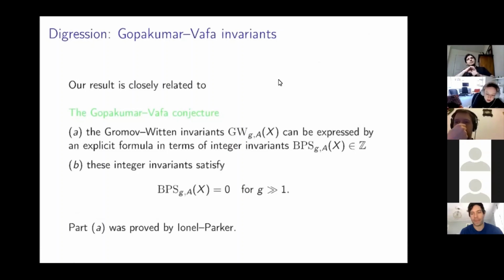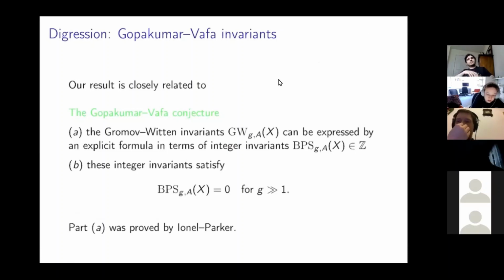Gopakumar-Vafa predicted that if you look at all of the Gromov-Witten invariants of a symplectic six-manifold and put them in some generating function, this generating function can be written in a different way by some other power series with integer coefficients.